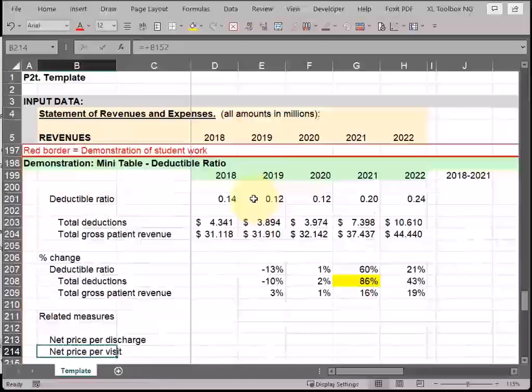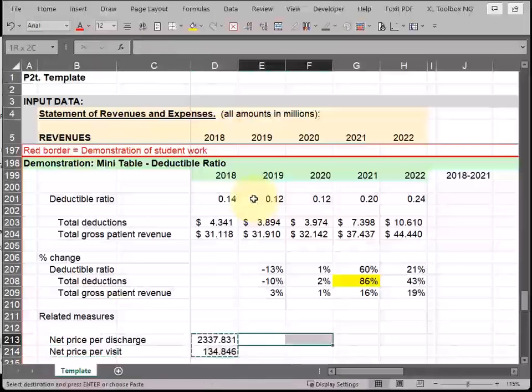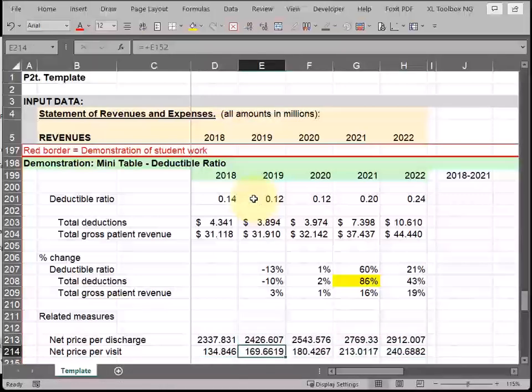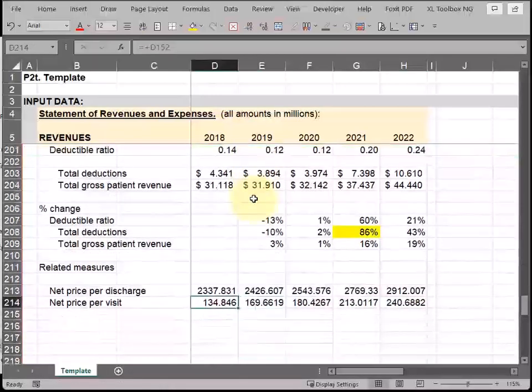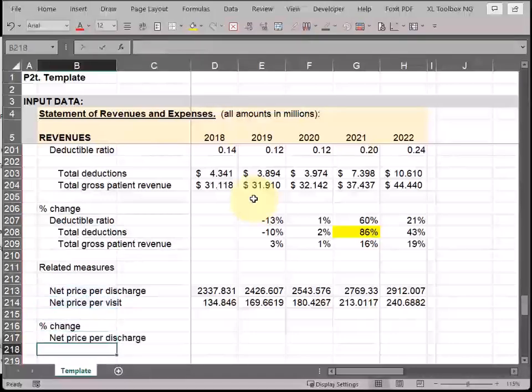One of the things that will help us will be right here, which is your price per discharge. And actually the next thing, the price per visit, will also be helpful. So we have those two right there. We'll copy those formulas over here to get the numbers. And we can copy those numbers across to see them trending over time.